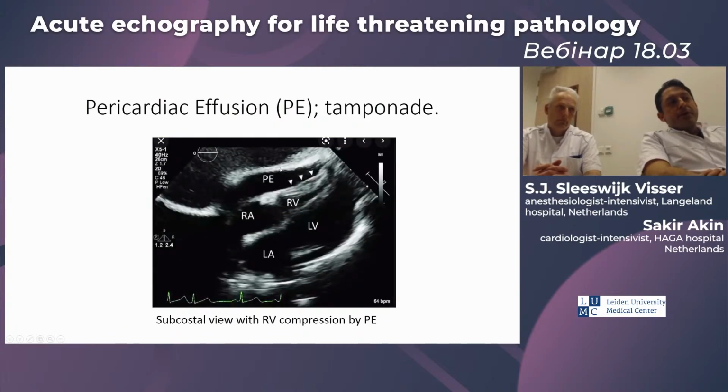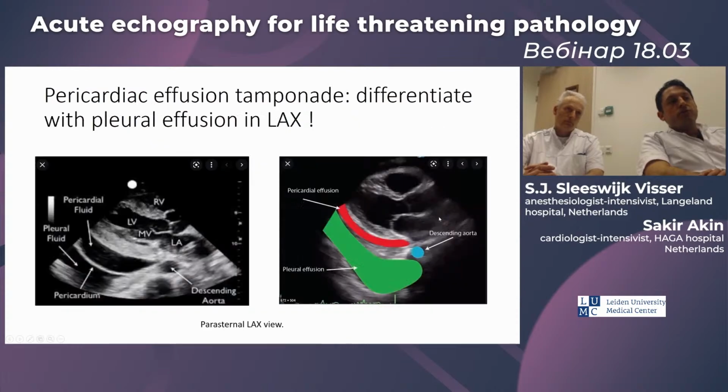And if there is pericardial effusion, you will see that as a good black fluid effusion between the right ventricle and the liver area. And then you can also use some markers such as the descending aorta and pleural area to distinguish between pericardial effusion and pleural effusion.